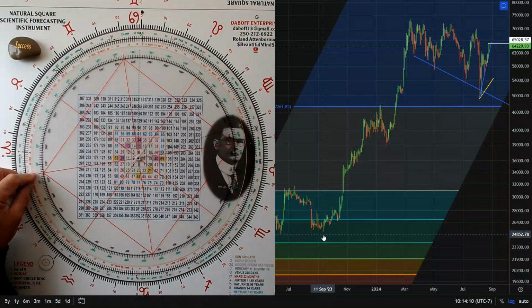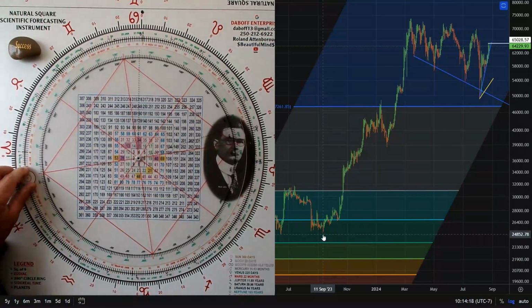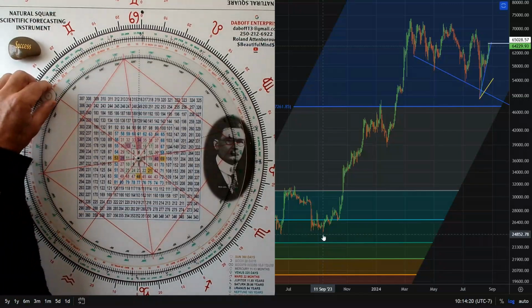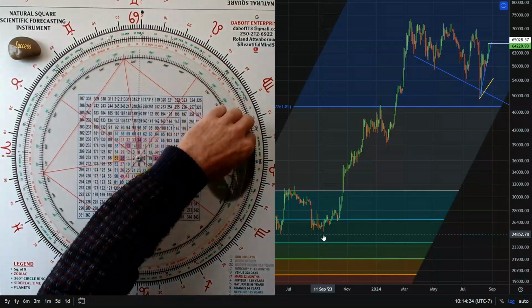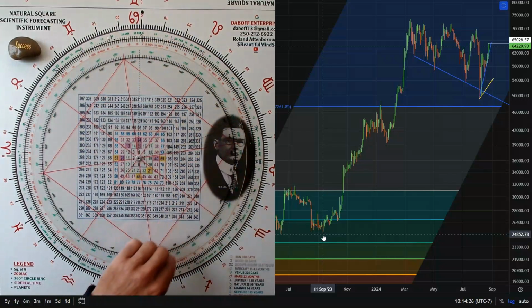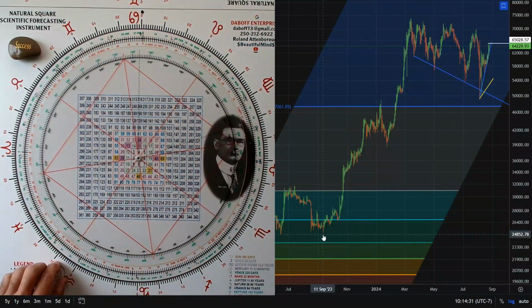These red lines are 45-degree angles, or the sun moving 45 days would move to these points. And these points represent the 8 octaves of time. So let's now go take a look at our price and time.